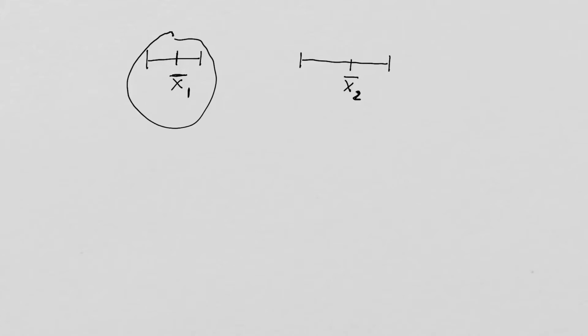Now, what about if we have two samples? So here we have sample number 1 with its confidence interval, and here we have sample number 2 with its confidence interval. The way I've drawn it, we believe that the population from which sample number 1 is taken is represented by mu1, and sample number 2 is taken from a different population, characterized by mu2.